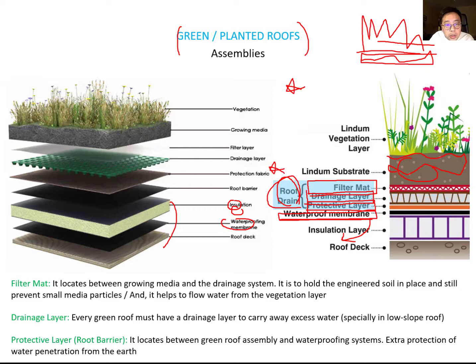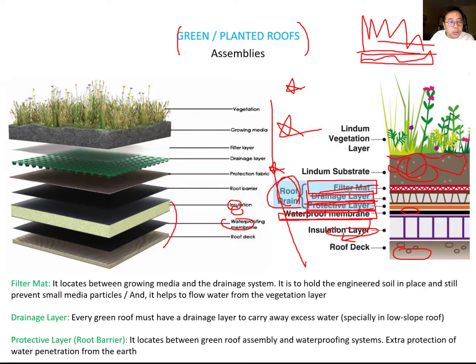Please remember the roof drain sequence: below the growing media you have the filter mat, below the filter mat you need a drainage layer and the protective layer, and between them and the substructure you have the insulation and waterproofing membrane. So understand this sequence to understand the roof assemblage.